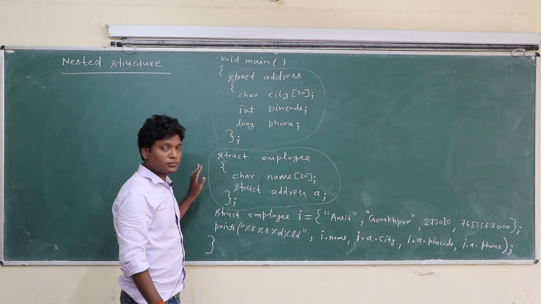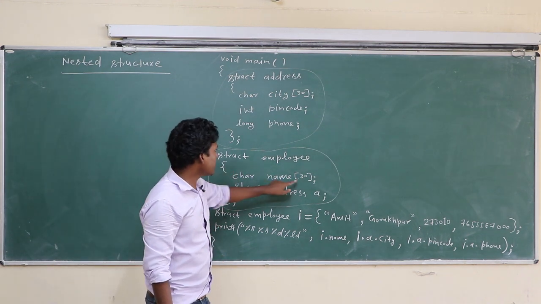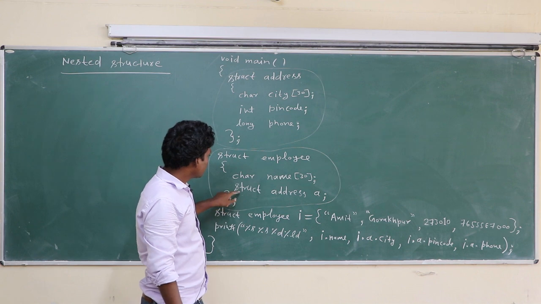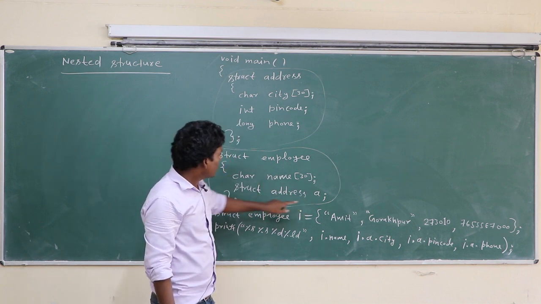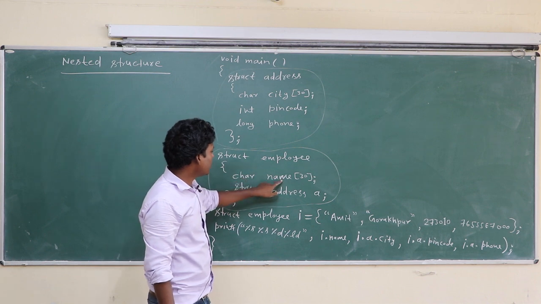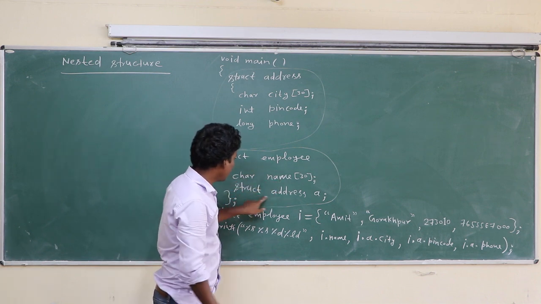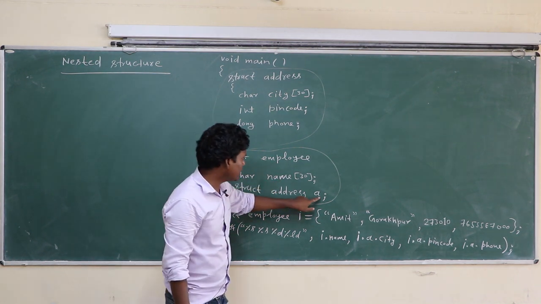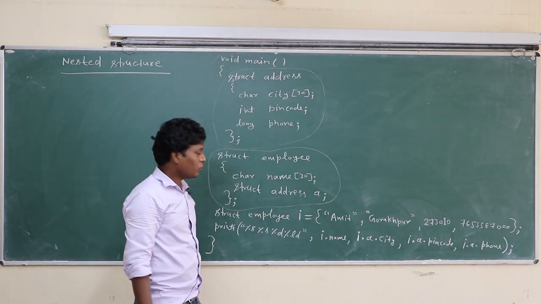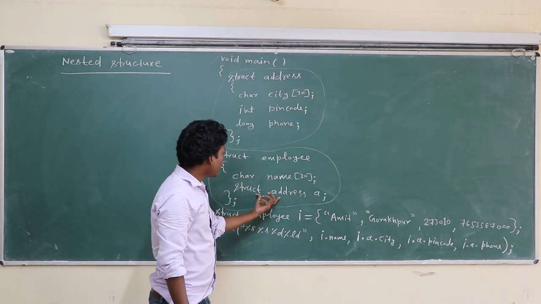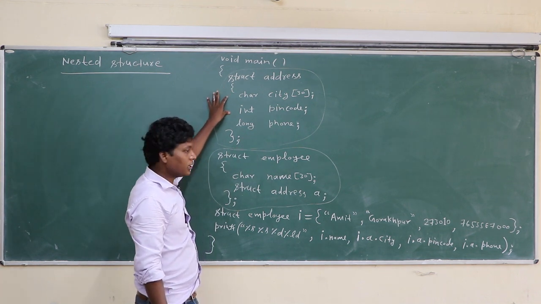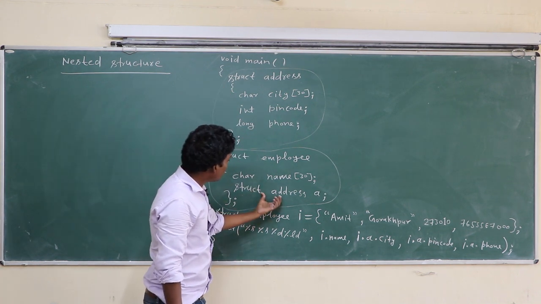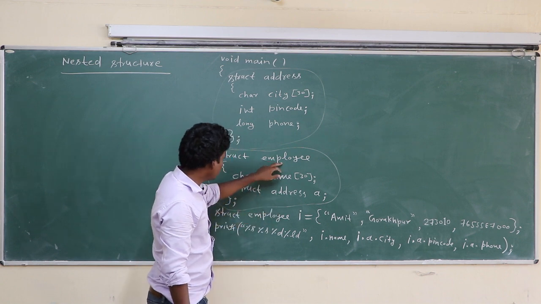Once again, this is a structure member, and this is also a structure member. Class, this is the data type, this is the array, and from here this is the data type and this is the variable. This data type is basically a structure, this structure, and we declare it within this structure.